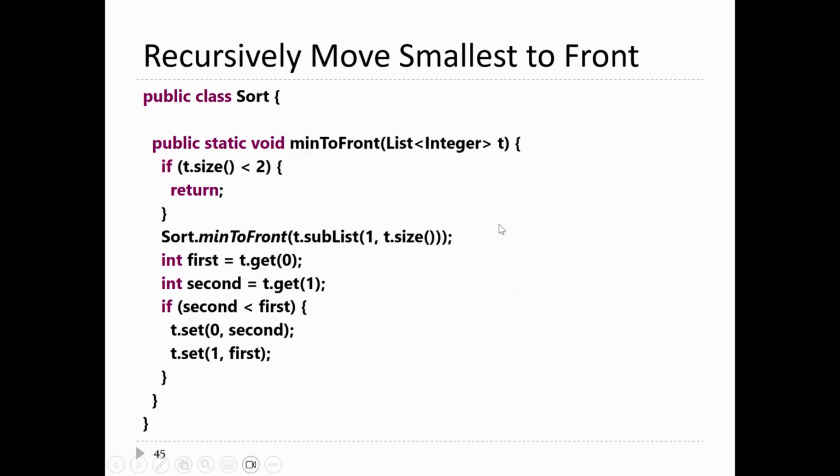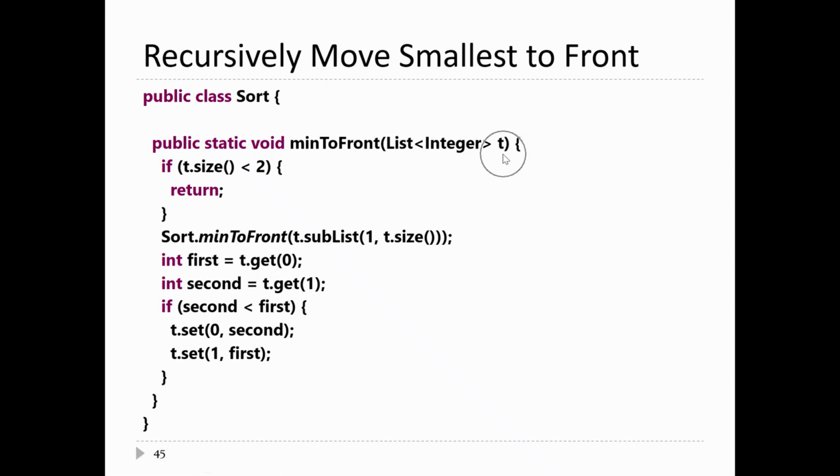Okay, so how do you do this? Well, it's not too hard. I want to write a method that moves the smallest element in the list T to the front of the list. If you start to sketch out various problems of this type, if you're clever, you start out with the empty list.